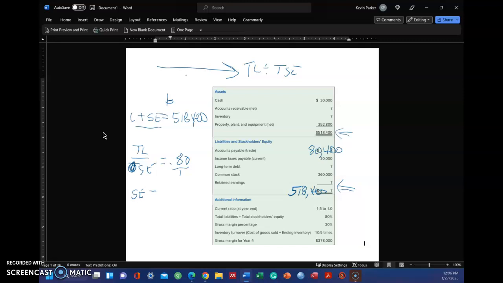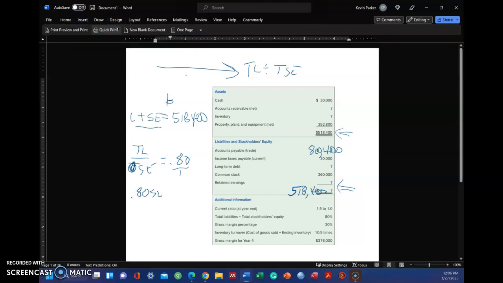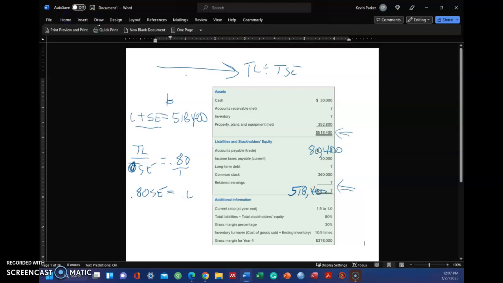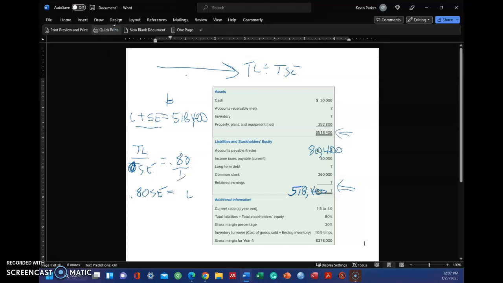Let me clean up my mess, and then let's go back. All right, so we have 0.8 SC right here equals TL, total liability, or we can just have plain liability, L. So 0.8 stockholders' equity equals L. And all we've done is rewrite the equation that was given to us in the problem.